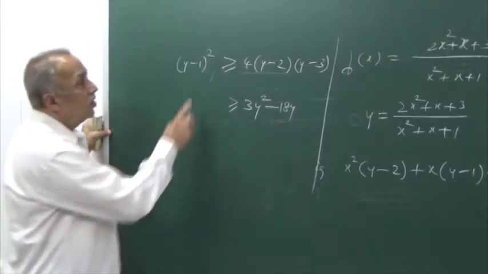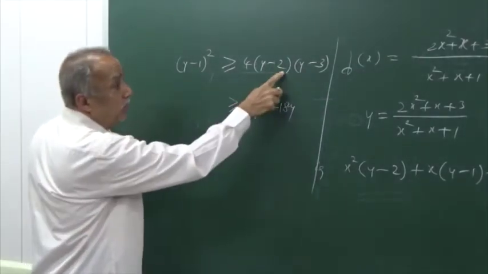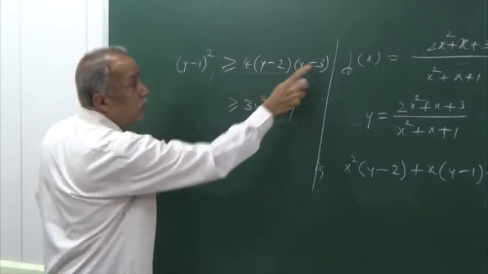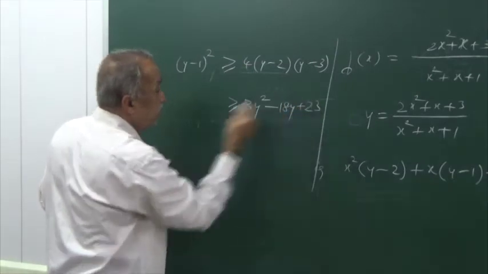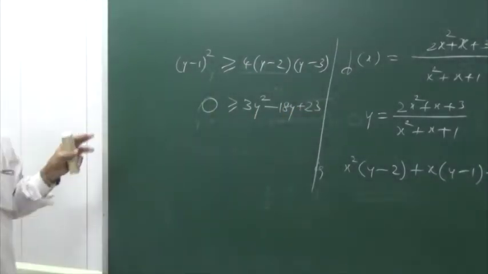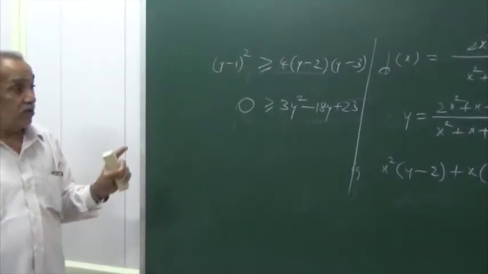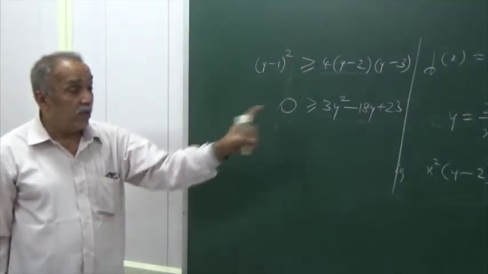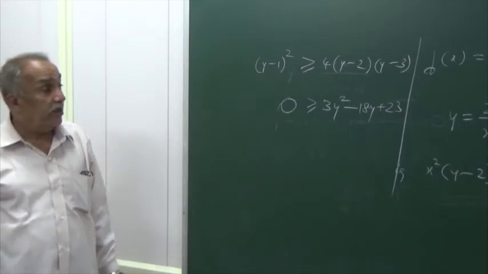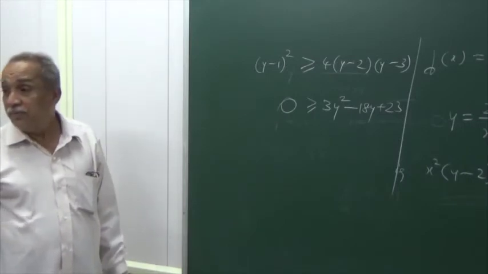Yes. Constant term 1, and on this side I am getting 4 into 2 into 3, 24, plus 24. If 1 is shifted to that side, 23. So, the condition on y, the condition which always will be satisfied by y, is 3y square minus 18y plus 23 less than or equal to 0.